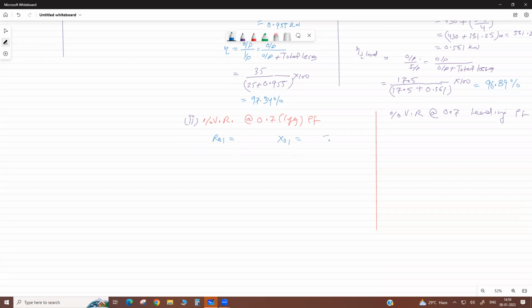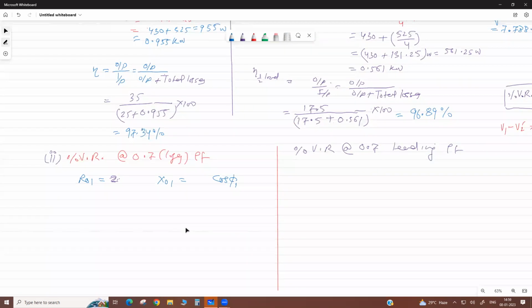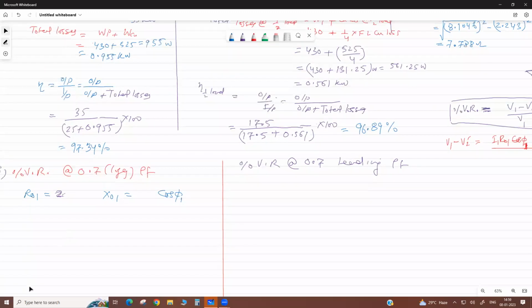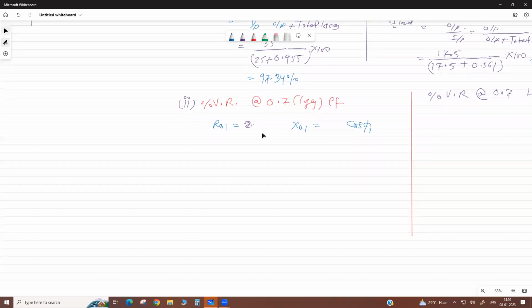And cos phi 1, let us consider the no-load power factor for the transformer.